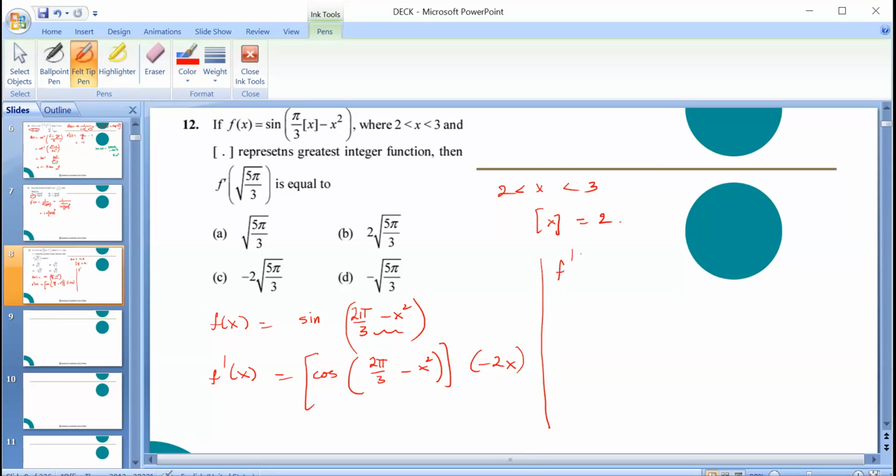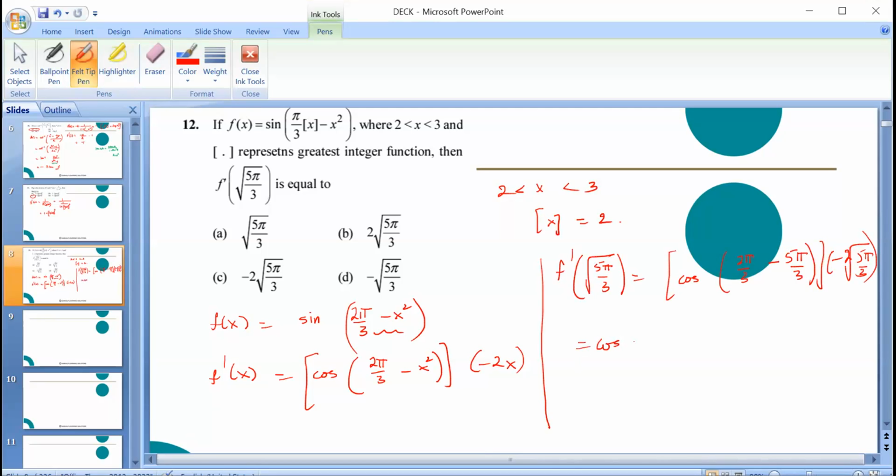So f dash of square root of 5 pi by 3 will be cos of (2 pi by 3 minus 5 pi by 3) into minus 2 root 5 pi by 3.